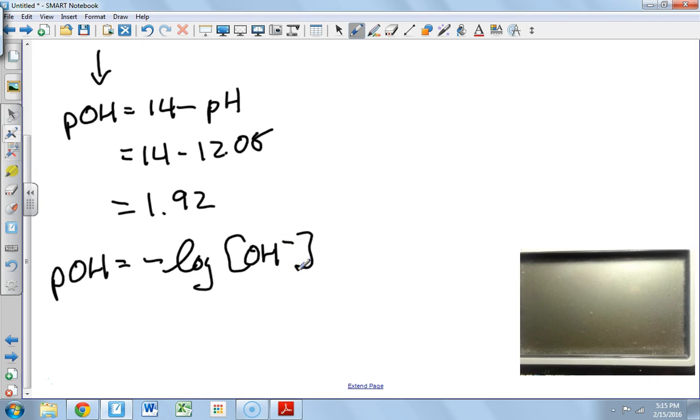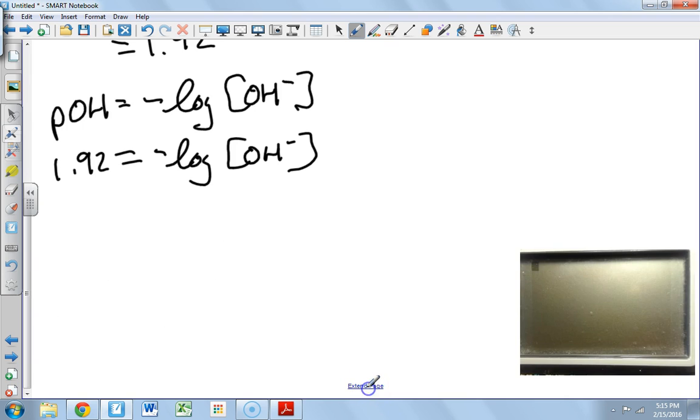Well, now we have to do some math. When we do the math, we get 1.92 equals the negative log of the concentration of the hydroxide ion. Then how do we delog this? We take the negative over here, so negative 1.92 equals the log of the concentration of the hydroxide ion.